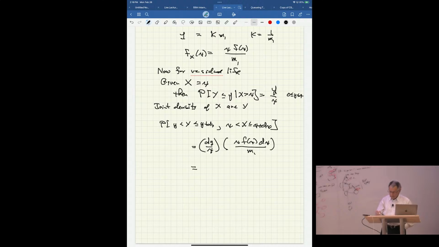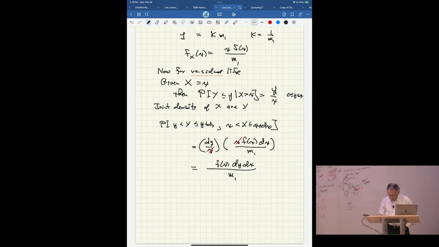Well, son of a gun, the x cancels very nicely. And what I get is that this thing is equal to f of x dy dx over m1. And finally, let's integrate over x.